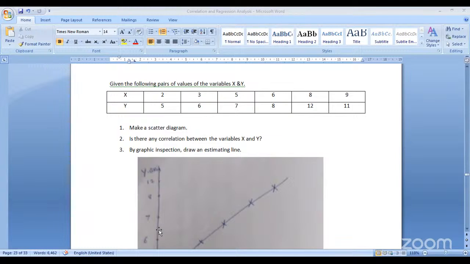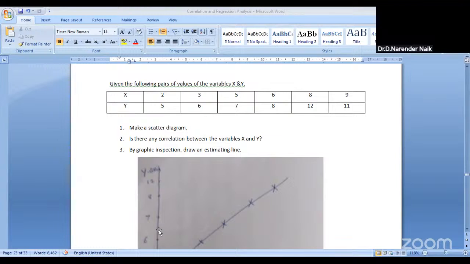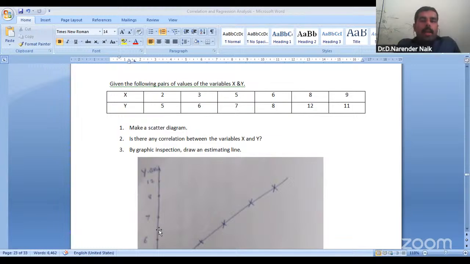Please go through the problem. Make a scatter diagram. Number one, is there any correlation between the variables x and y?